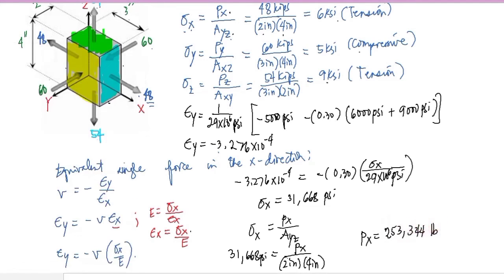Or if we are going to express this in kilopounds, we have 253.34 kips tension. And this is our answer.